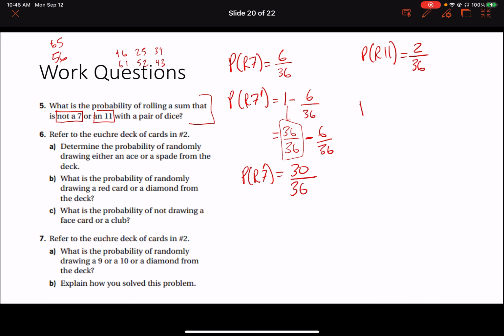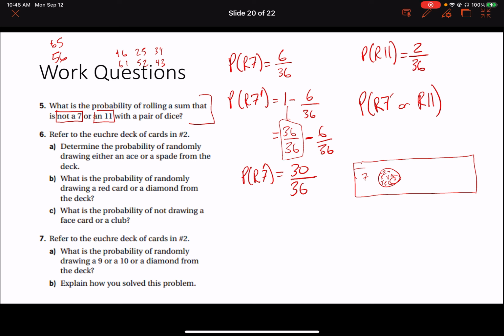Okay, so what's the probability of rolling not a 7 or rolling an 11? Well, first of all, are they mutually exclusive? Let's take a look at that. Not 7 is basically, 7's out there, and we have rolling 2, 3, 4, 5, 6, 8, 9, 10, and actually 11 is in there.